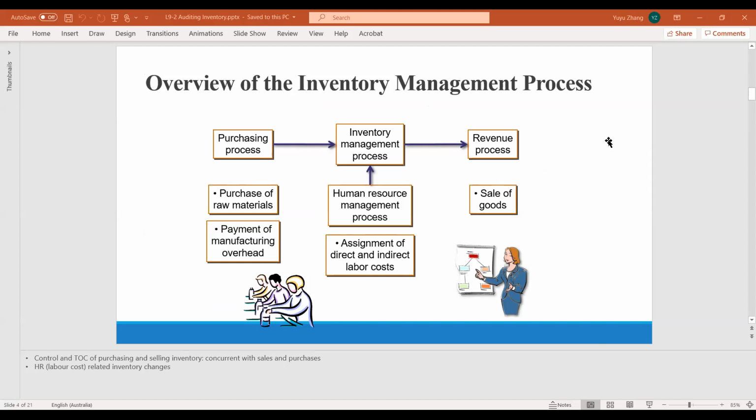So let's review the inventory management process. Are all of us here familiar with the inventory management process or not? Taking a very, very simple industry example, inventory is a part of the production process, right? When you purchase, you have inventory in, increased inventory. When you do the sales, you will have inventory out.